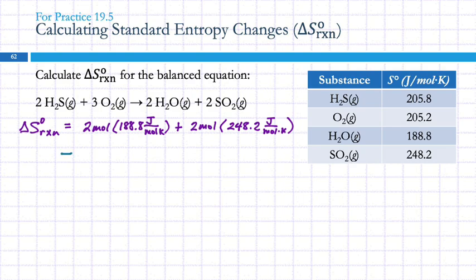And then we're going to subtract the entropies of the reactants. So we have 2 moles of the H2S, 205.8 joules per mole Kelvin, plus 3 moles of oxygen, times its molar entropy, 205.2 joules per mole Kelvin.